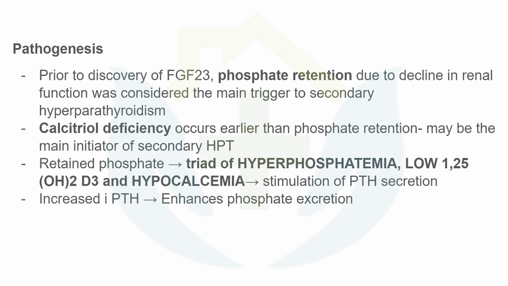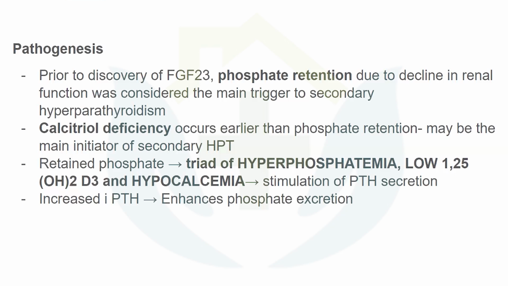As we all know, phosphate excretion occurs through the kidneys, and as kidney function declines, there is increased phosphate retention. Also, there is calcitriol deficiency. Calcitriol is active vitamin D, 1,25 dihydroxy vitamin D. As 1-alpha hydroxylation of vitamin D occurs in the kidney, as kidney function declines, there is a deficiency of active 1,25 dihydroxy vitamin D, or calcitriol.